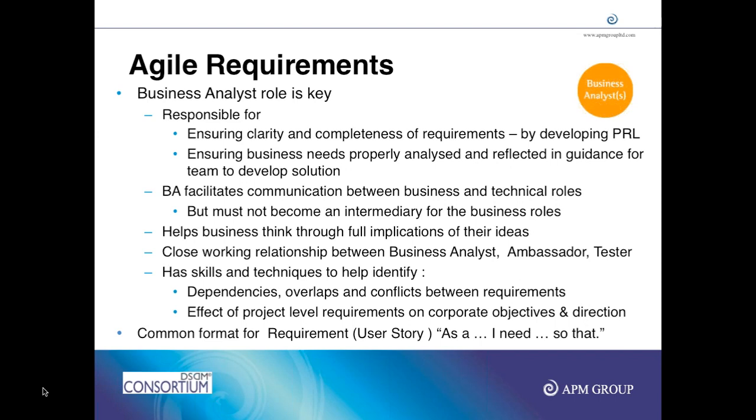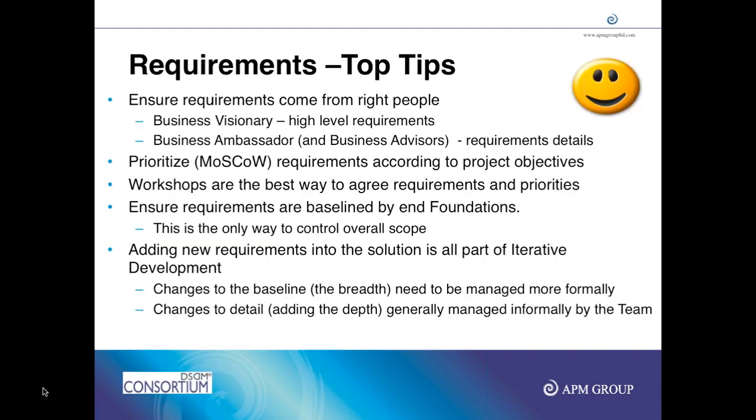We involve business analysts, business ambassadors, visionaries, and the stakeholders to determine requirements and to determine priorities. Once we get into the time boxes, the ambassador will help to reprioritize or to drop any should have or could have.